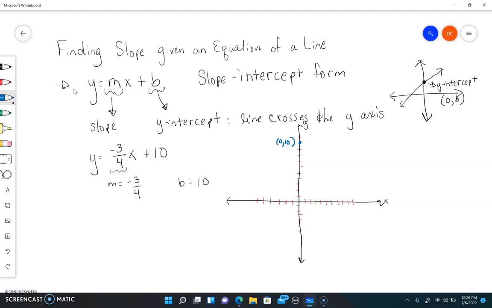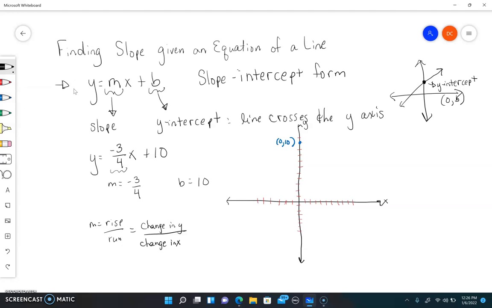This is my y-intercept. Now, slope, remember, is rise over run, also known as your change in y over your change in x. So I'm looking at my change in y here. That's negative 3, which means I'm going to go down 3 points.